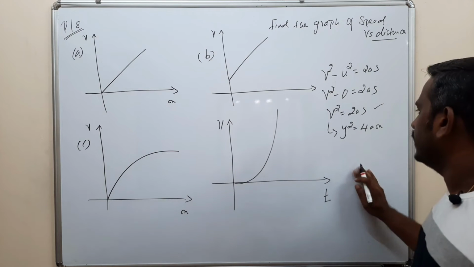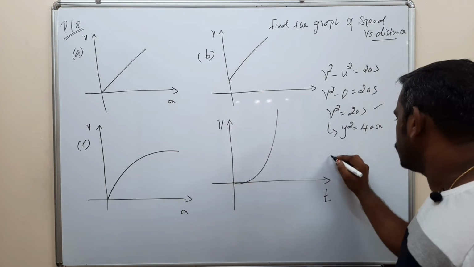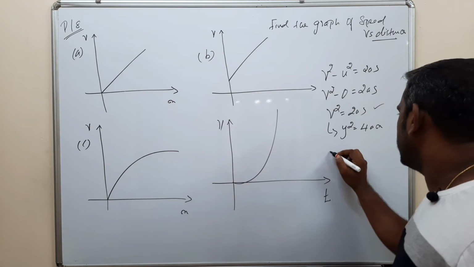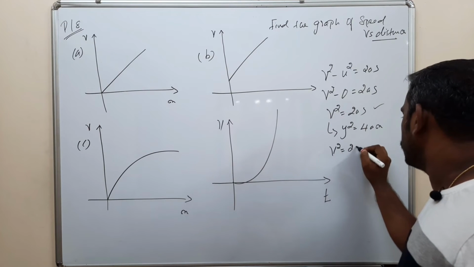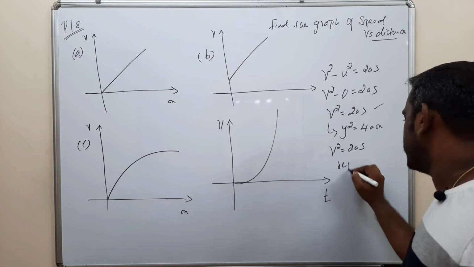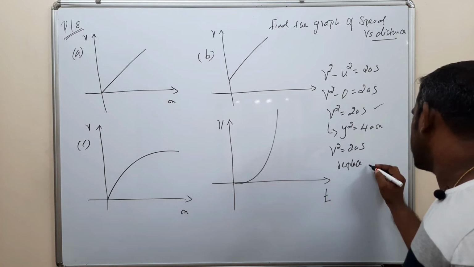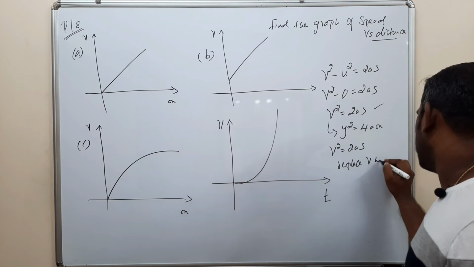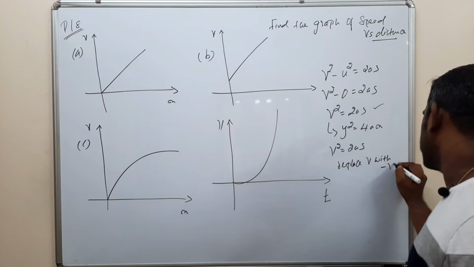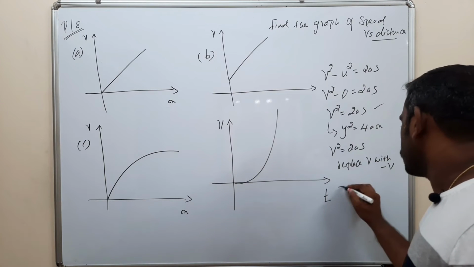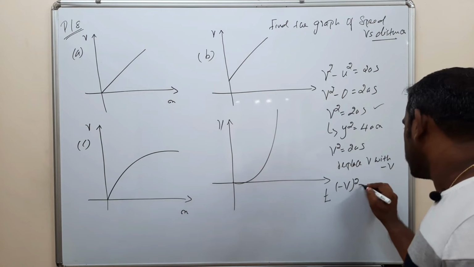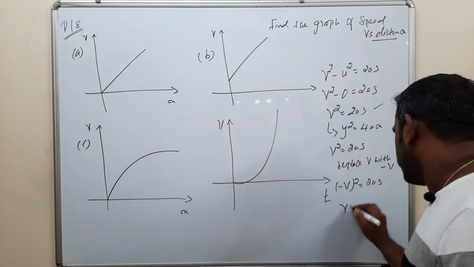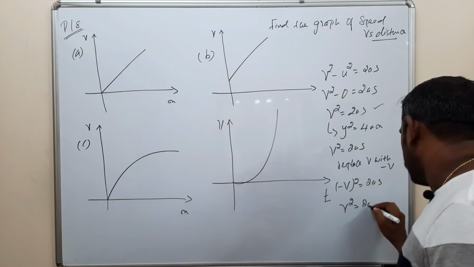Now v square is equal to 2as. Replace v with minus v. So minus v square is equal to 2as. Again we are getting v square is equal to 2as.